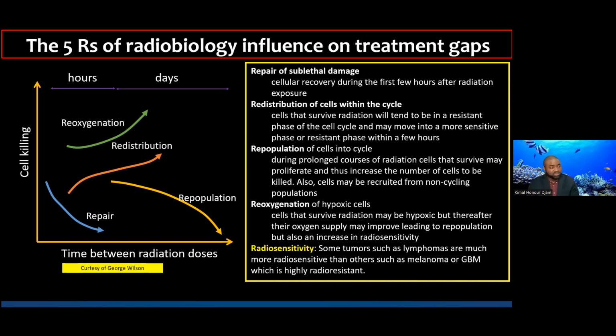Now, the 4 or the 5 Rs of radiation biology, depending on your philosophical stance, signify the critical factors influencing the effectiveness of radiation therapy in tumor cell killing. Conceptually, when we are looking at the sequence of events, we have to think about repair, redistribution, reoxygenation, radiosensitivity, and repopulation during the course of radiation therapy.